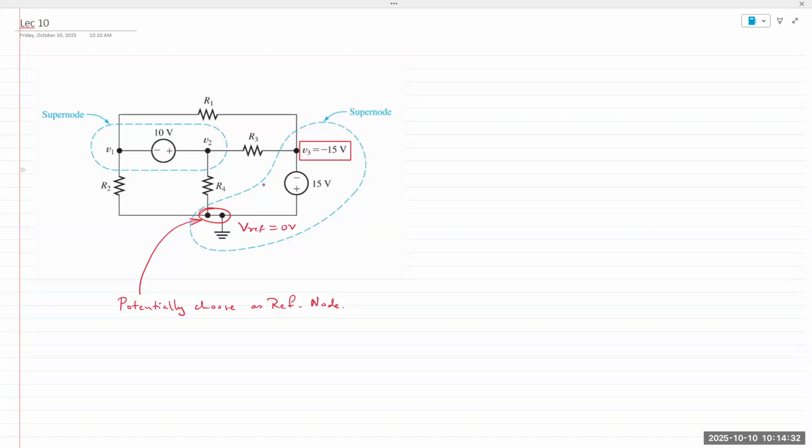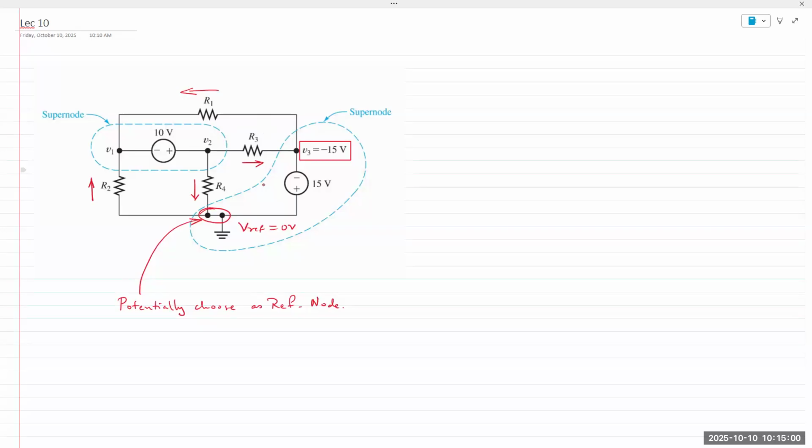But now if we wish to apply KCL, what can we do? We can choose branch currents. So let's say this current flows right to left. This one's going up. This one's going down. And IR3 is going in this direction.